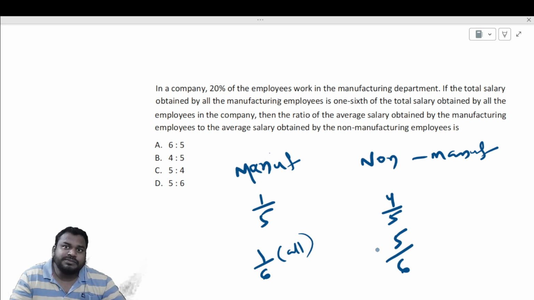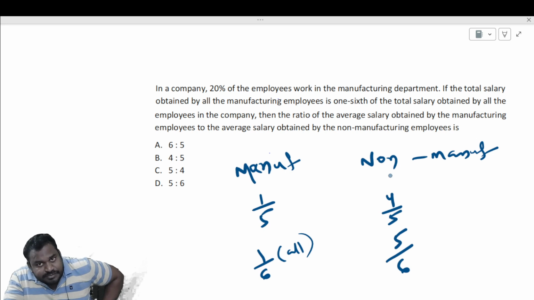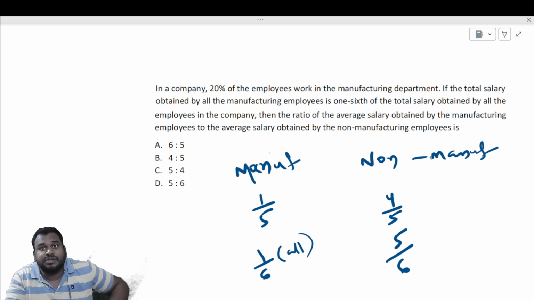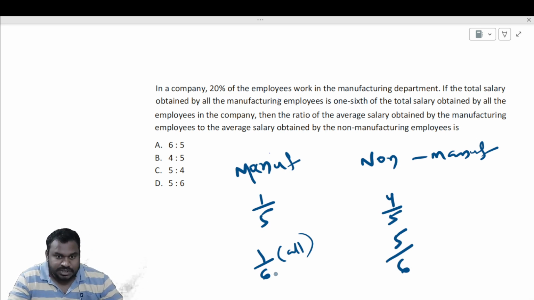Some people will be manufacturing the watches and some people will be taking care of the accounts in the IT department. So manufacturing is whoever is manufacturing the watch. So one sixth of the total salary is by manufacturing and the remaining 5/6 is by non-manufacturing.